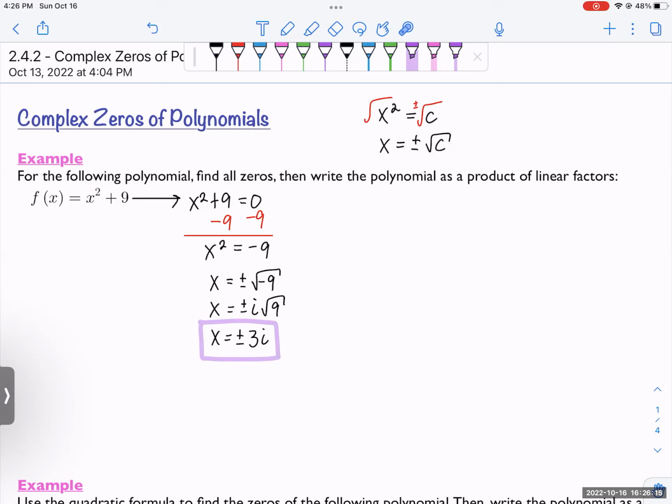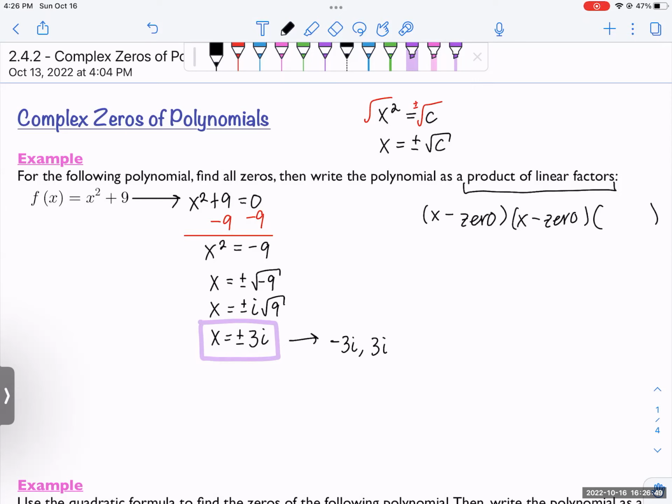The way that we write polynomials as products of their linear factors, we write the polynomial as x minus the zero, and you do that for as many factors as you have. So it's x minus the zero, x minus the zero. If we have two zeros, let's write them as -3i, 3i.